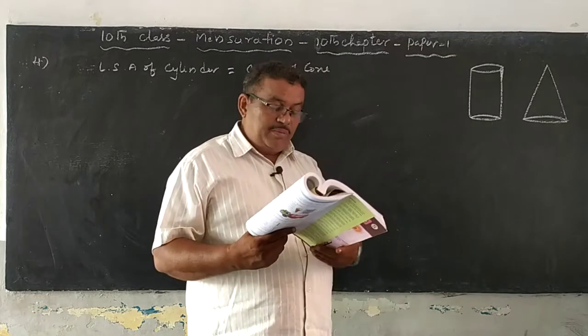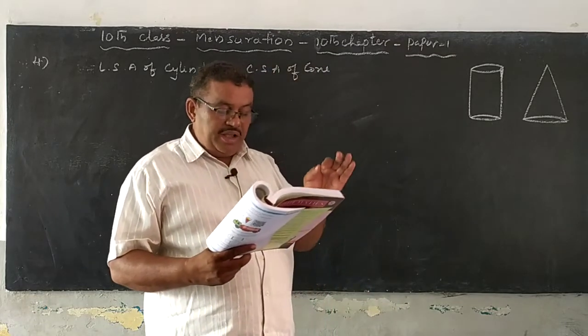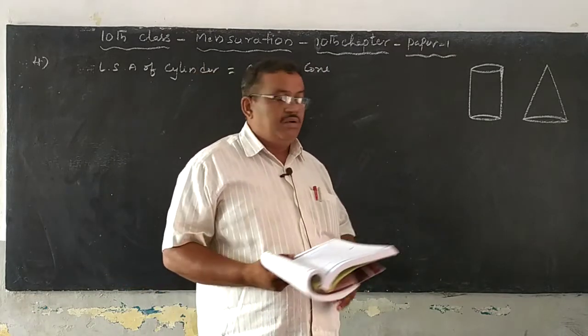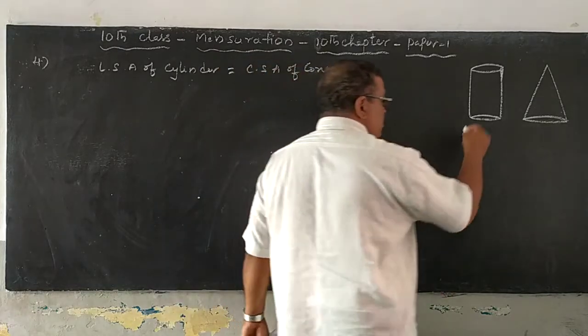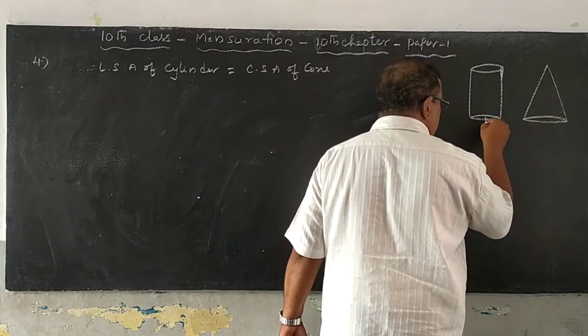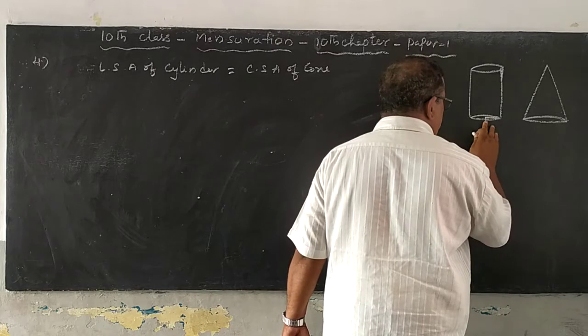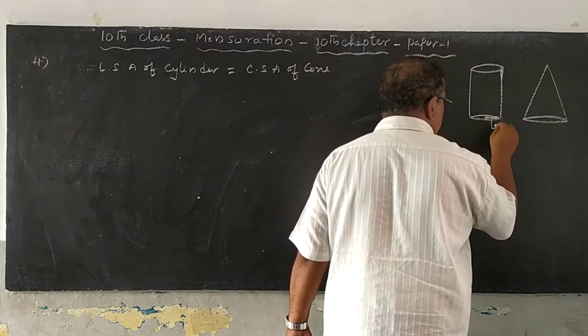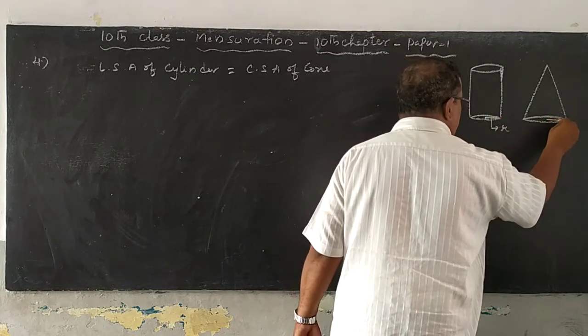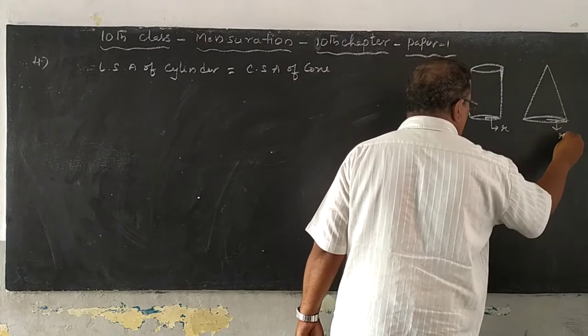And what is given in the problem? The radius is the same, so the base radius of both the cylinder and the cone are equal. This radius is also the radius of the cone.